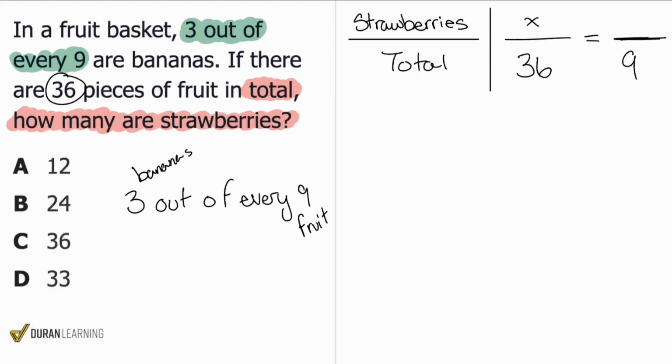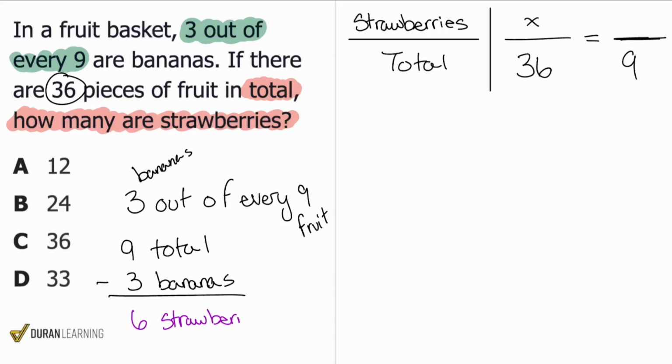Yeah, we're throwing 6 in the chat box. That's because we know that if 3 are bananas and we have 9 total, we can subtract the bananas from the total, and we will have 6 strawberries for this ratio. So now we can put the proper number in the proper place. 6 goes right there because we found 6 for strawberries, since 6 plus 3 gives you the 9 total, and that's why 9 goes on the bottom.